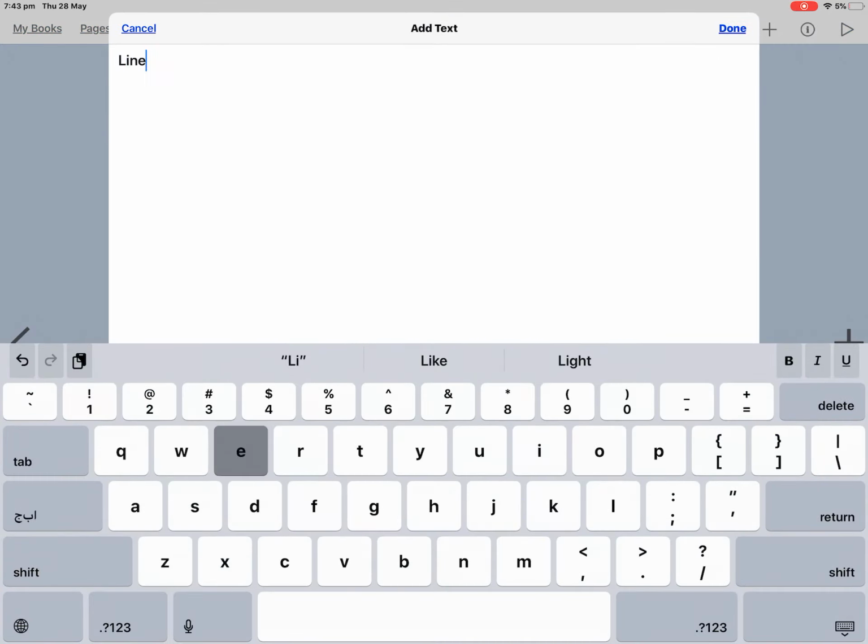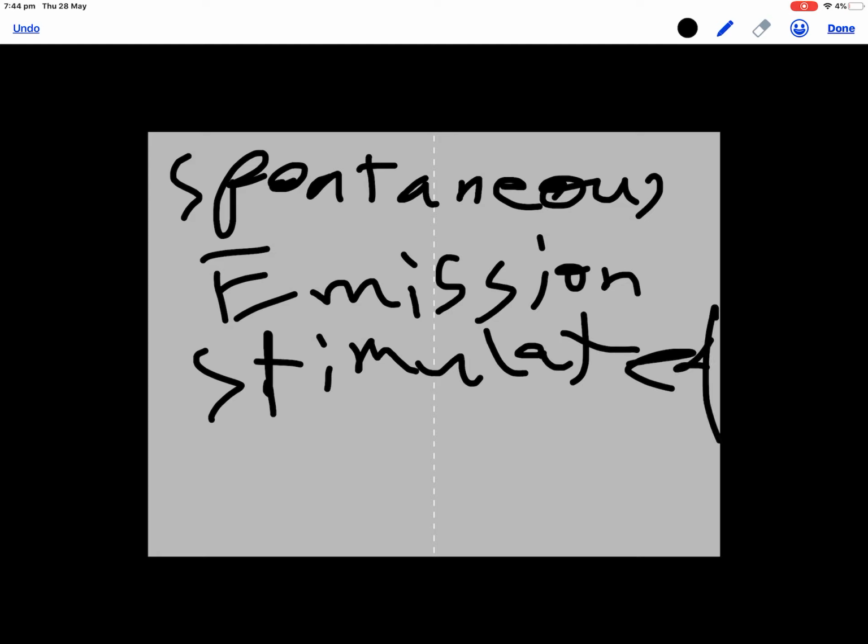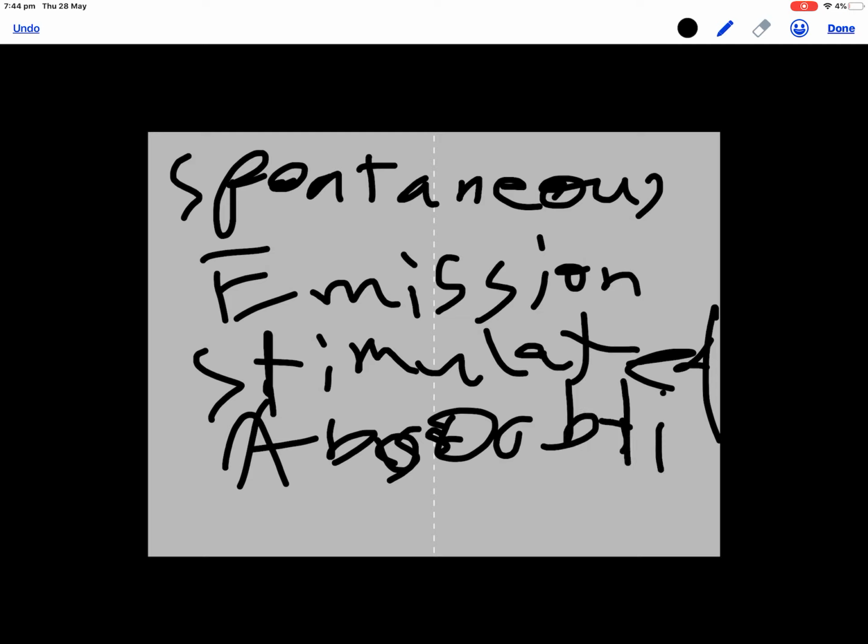stimulated emission. In a laser, this is stimulated emission. But the other phenomena that are happening are spontaneous emission and stimulated absorption. So there are two things you need to understand.